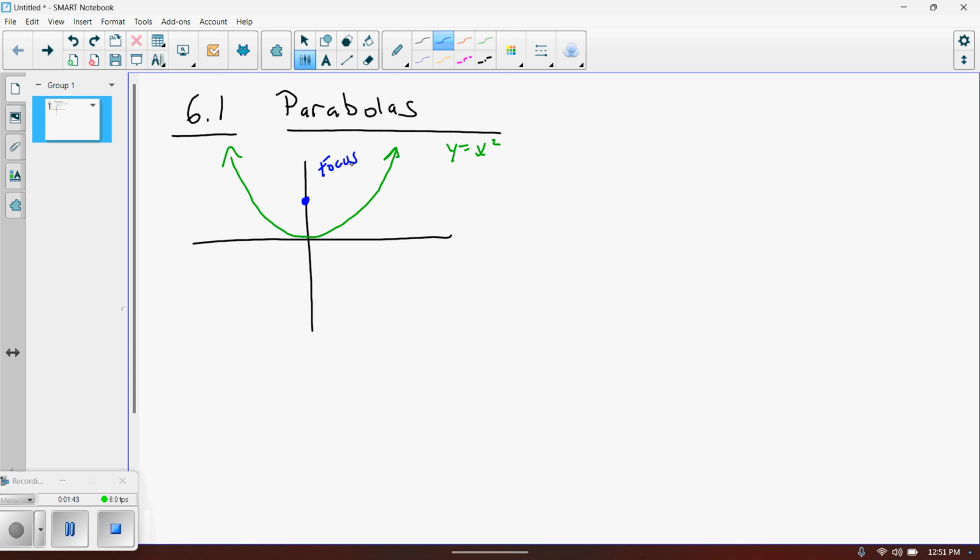And then you also have a line, which is on the other side of the parabola, which is going to have an equal distance away from the vertex that the focus does. And that line is going to be, in this case, a horizontal line. That does not look very horizontal. I apologize. Okay, better. And that line over there is called the directrix.